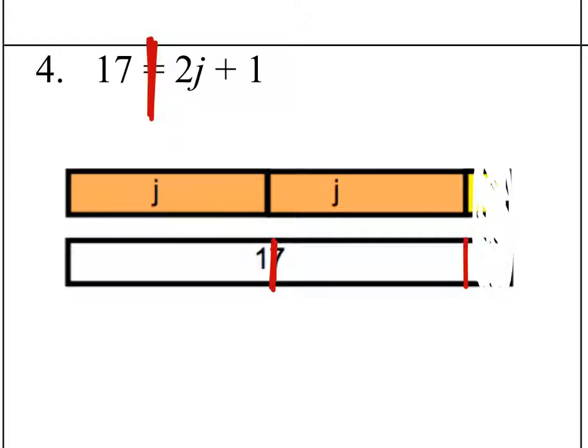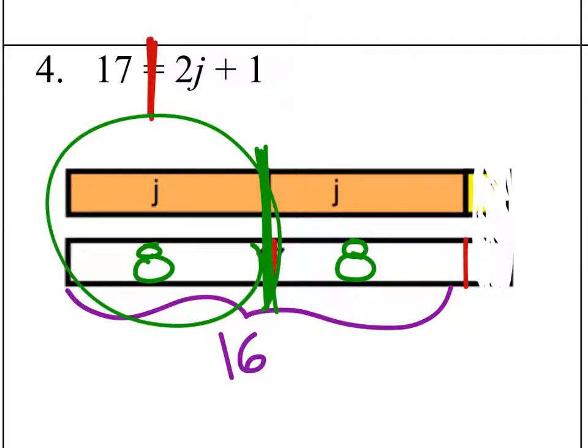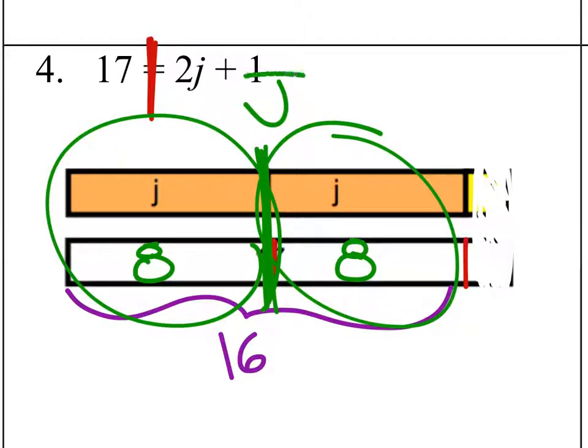Well, if that was worth 17, we took one off, so how much are the 2 bars worth? 16. So if we split that in half, which is really what's happening right now, each of them is worth 8. Therefore, we can see that this j is 8, and this j is 8, so j equals 8.